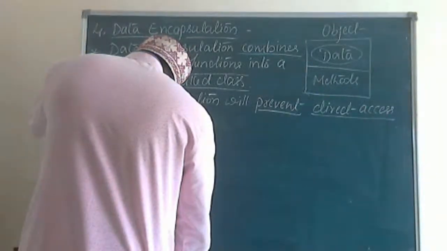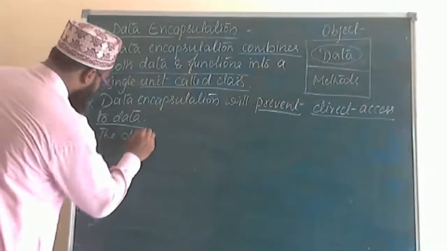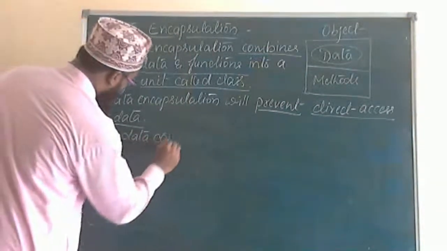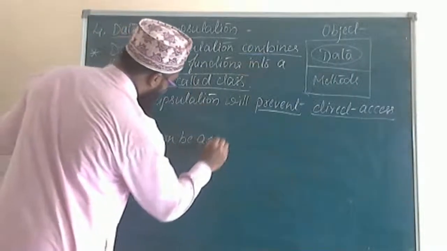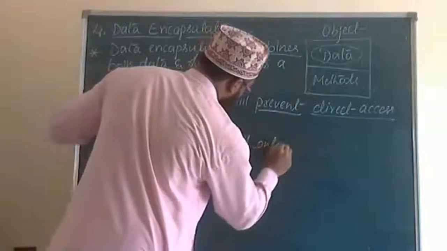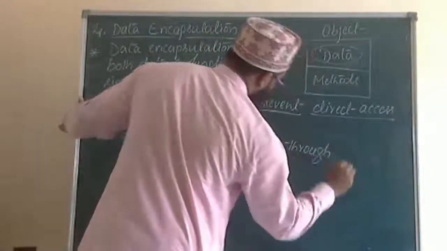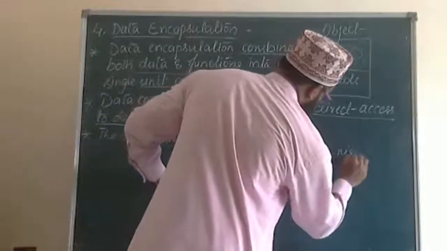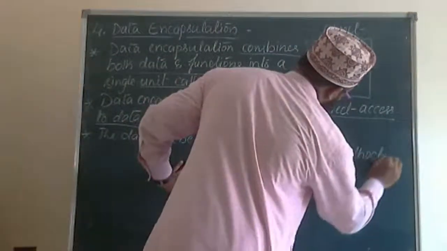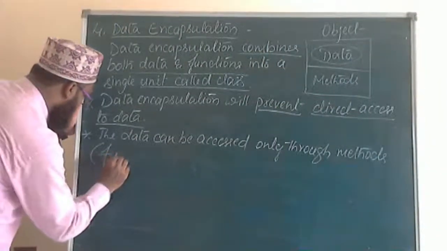The next point: the data can be accessed only through methods. Okay, what are methods? I've shown you. Method means functions only.